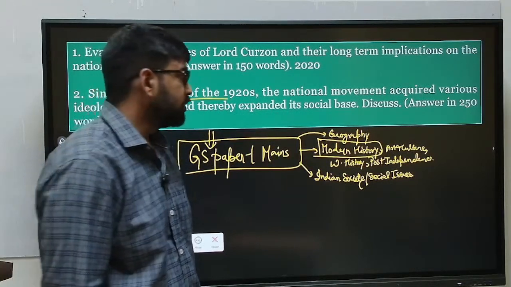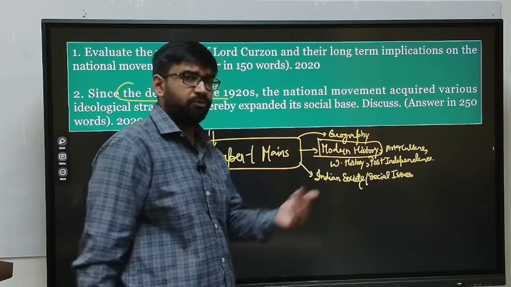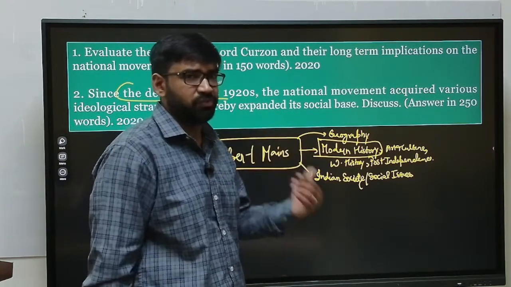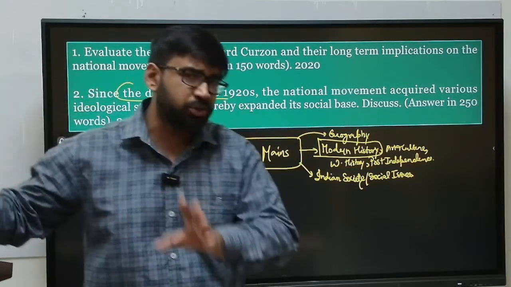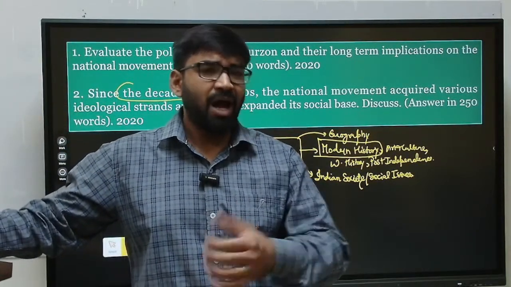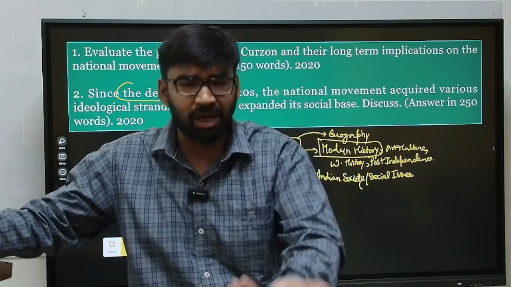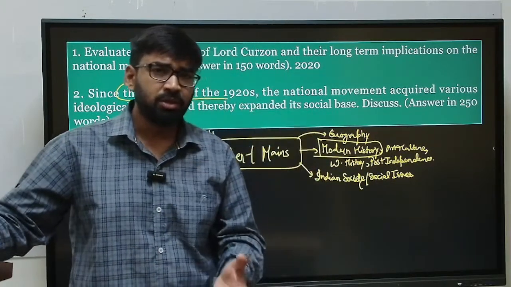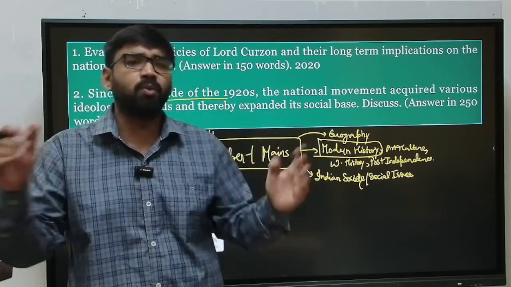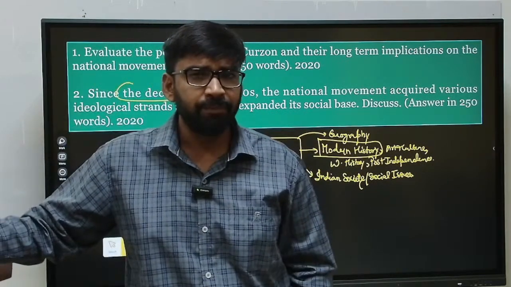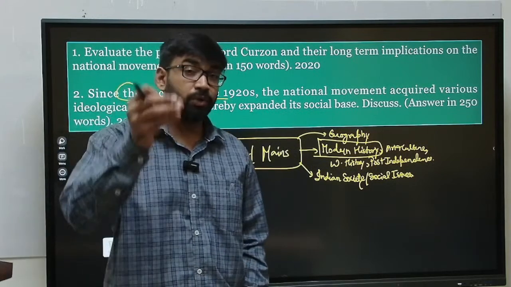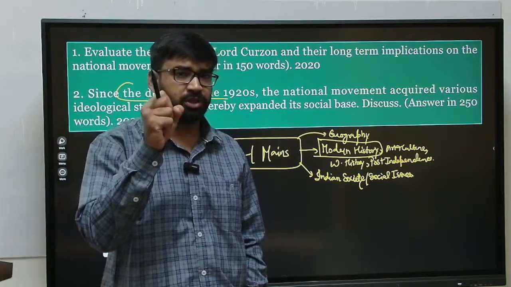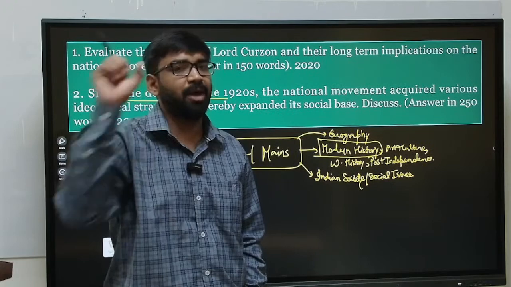Today we are not only going to discuss the questions, I will tell you how to write answers, how to approach the questions, and how to decode the questions, because before writing you need to understand the question in a correct manner.